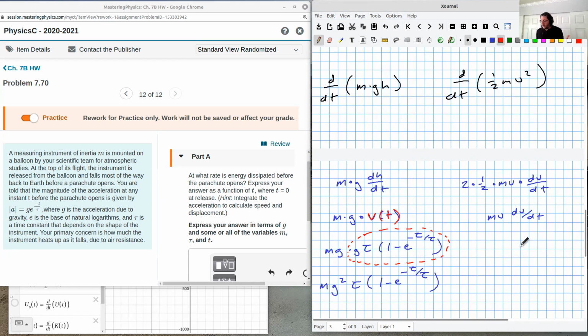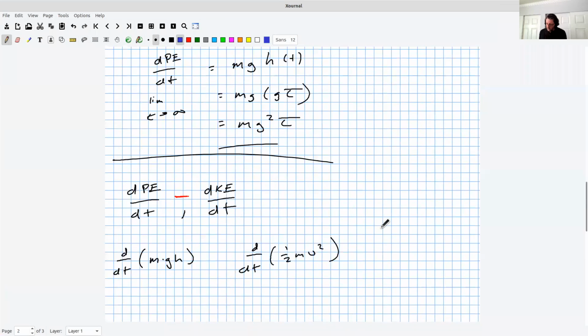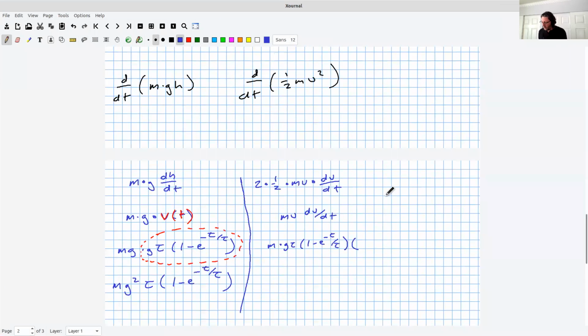Okay, so I've got both of those things already, and I can just put them down to figure out how quickly the kinetic energy is changing. So we've got m times g tau times 1 minus e to the minus t over tau. And at this point, I'm going to make my screen a little bit bigger. There we go. Give myself some more room. Times the acceleration, which way back up here at the beginning, g e to the minus t over tau.